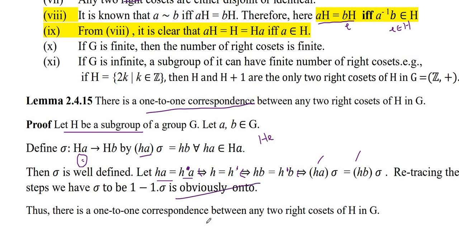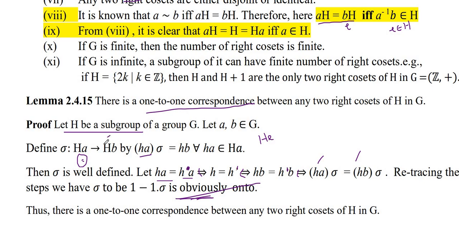Sigma is obviously onto. When do we say that a function is obviously onto? In some cases, we'll be proving actually that the mapping is onto. In some cases, we'll use the words it is obvious. Ontoness is obvious. Why?